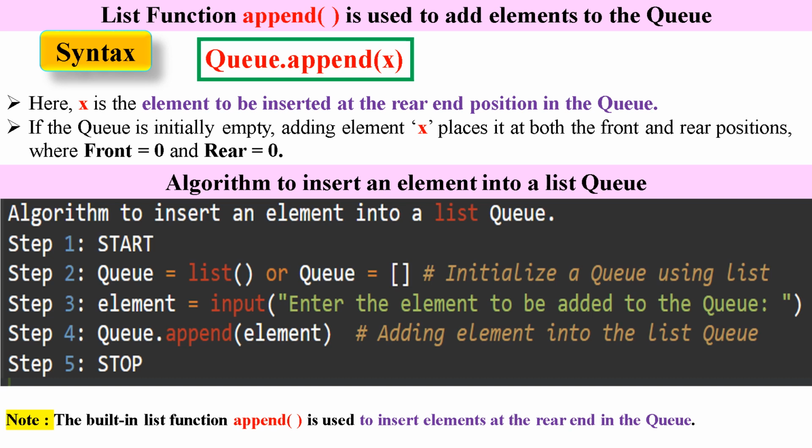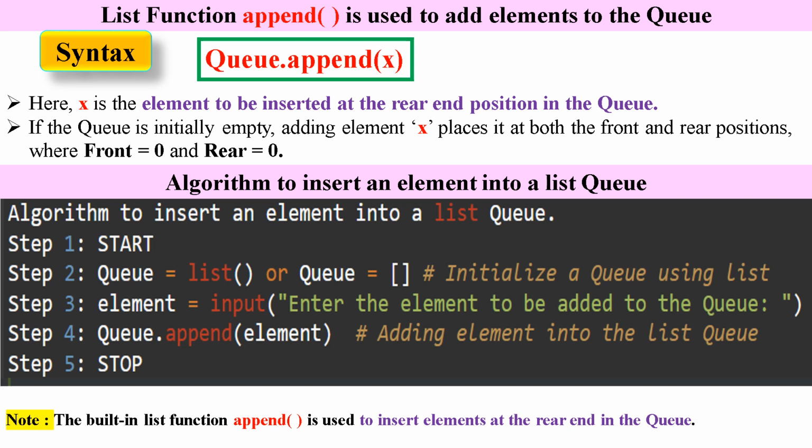We have 2 options to achieve this. Queue equals list(). This line creates an empty list using the list constructor. Queue equals empty list. Alternatively, you can create an empty list using square brackets. The purpose of this step is to create an empty data structure that will represent your queue.